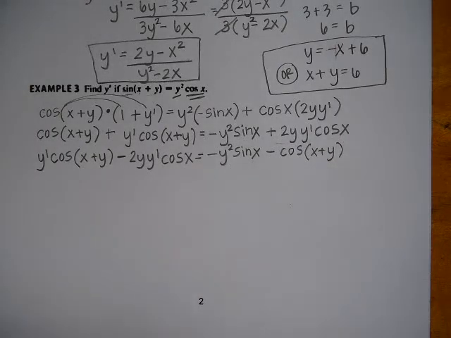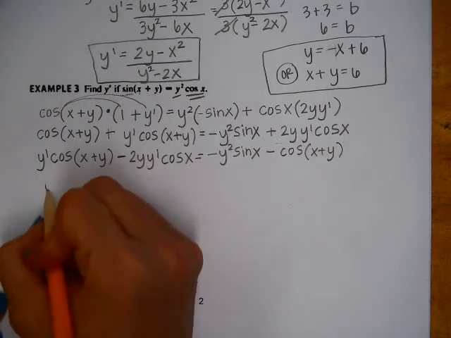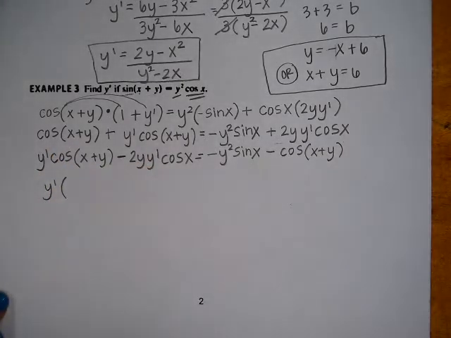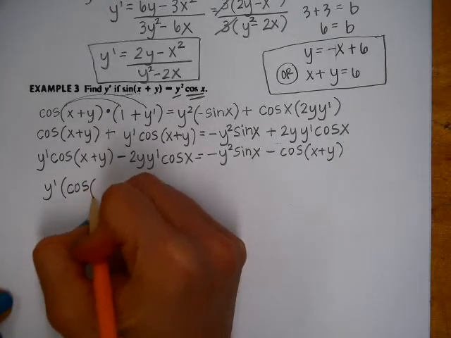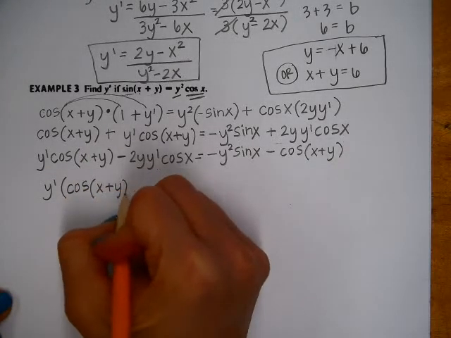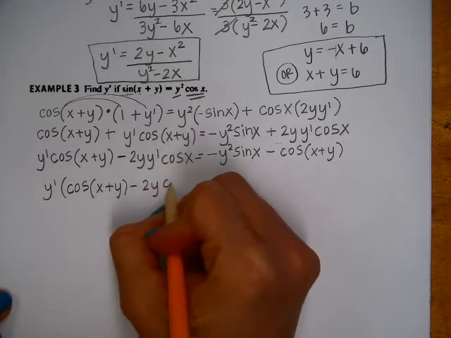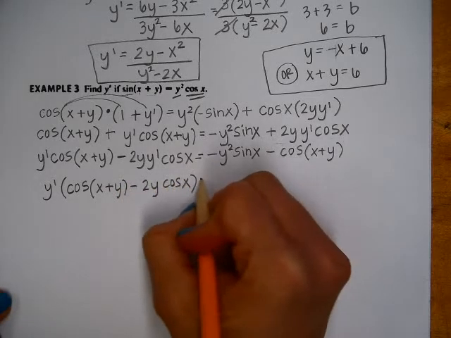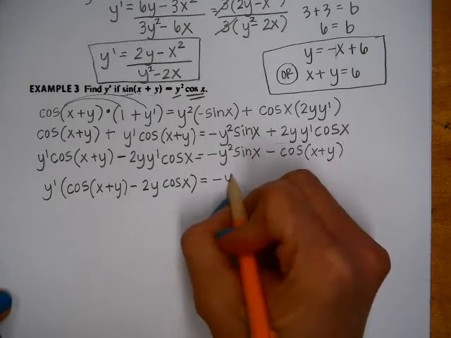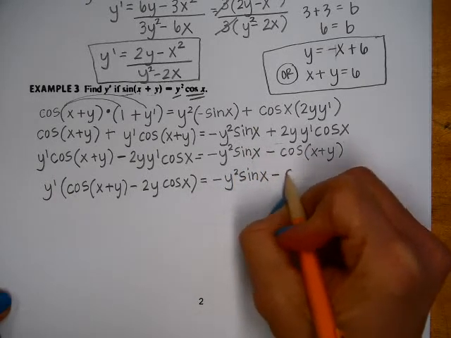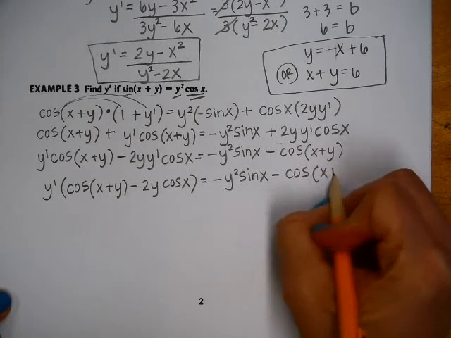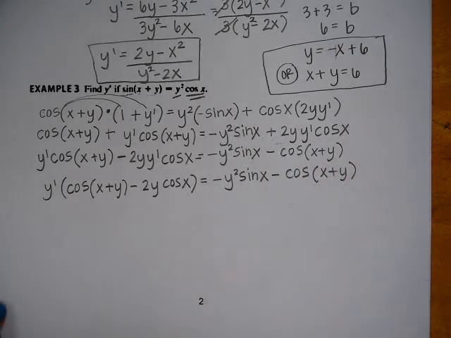Okay, so now factor out your y prime. So y prime. So on the inside, that leaves cosine x plus y minus 2y cosine x equals negative y squared sine x minus cosine x plus y.